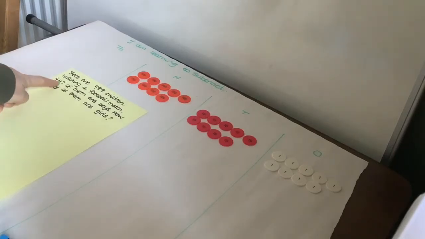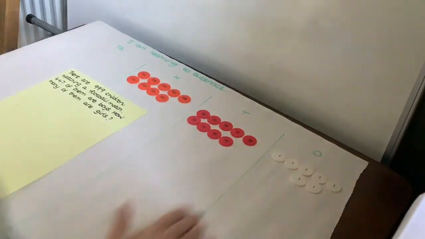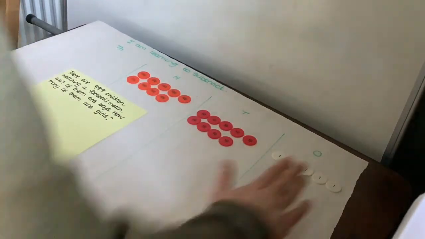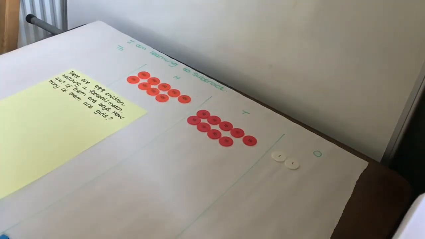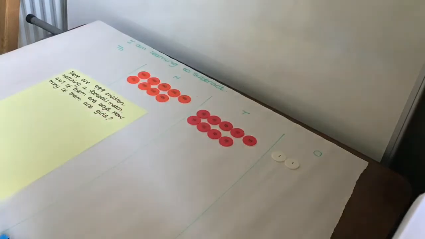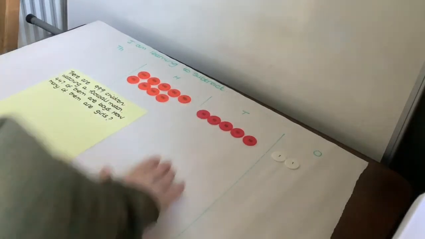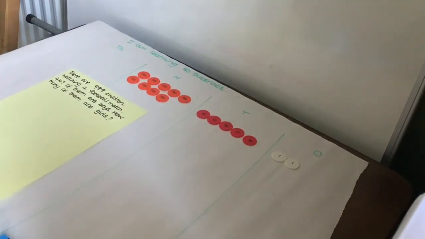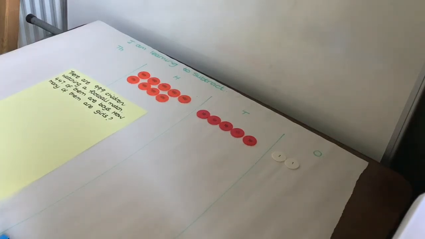So we have 7 ones that we need to subtract. 1, 2, 3, 4, 5, 6, 7 ones we've subtracted. Now we go to the tens column. We had 9 tens, but we need to subtract 4 of those tens. 1, 2, 3, 4. We've subtracted 4 tens. Then we go to the hundreds column. We had 900 and we need to subtract 4 of those hundreds.